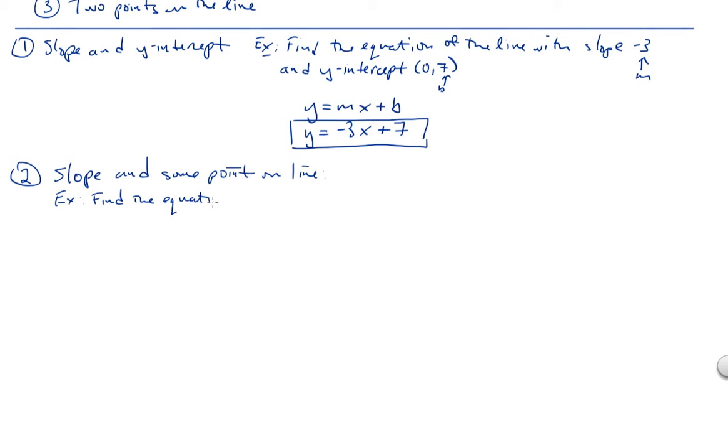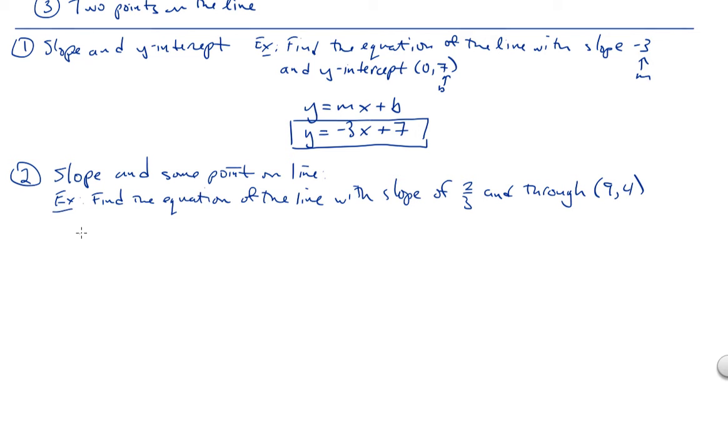Find the equation of the line with a slope of, let's say 2/3, and through the point 9,4, I think is what I'm going to use.